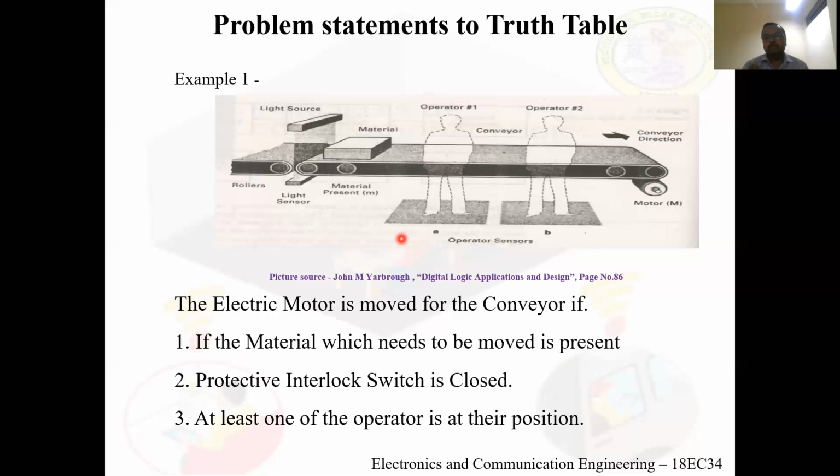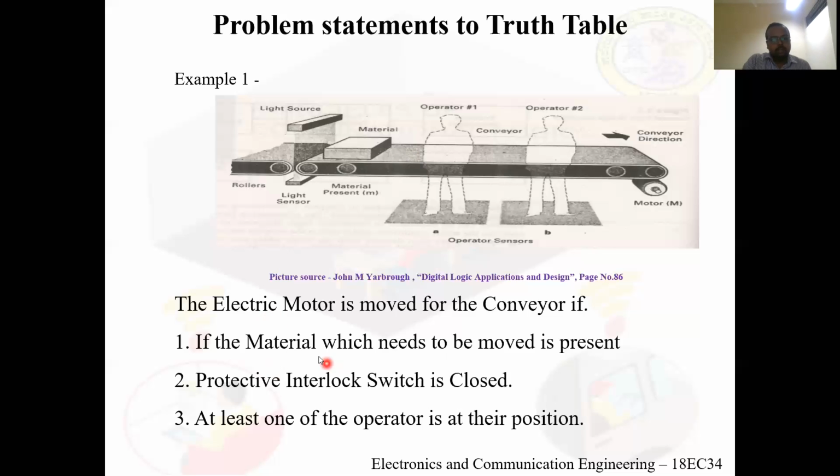In order to come up with a truth table, the first thing is you need to identify the variables here, input and output variables. What is the output variable here? It is the electric motor. This is a parameter which is dependent on all these three conditions written here. So one output variable is the electric motor, turned on or off.